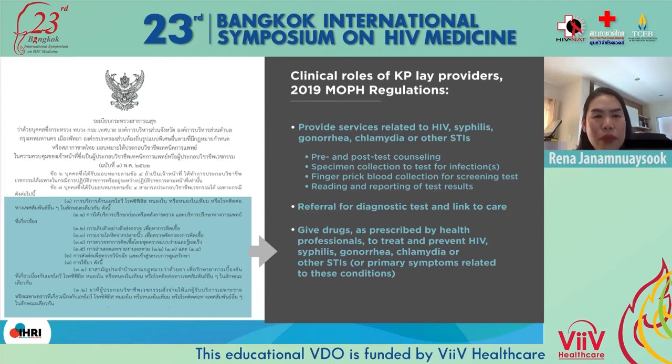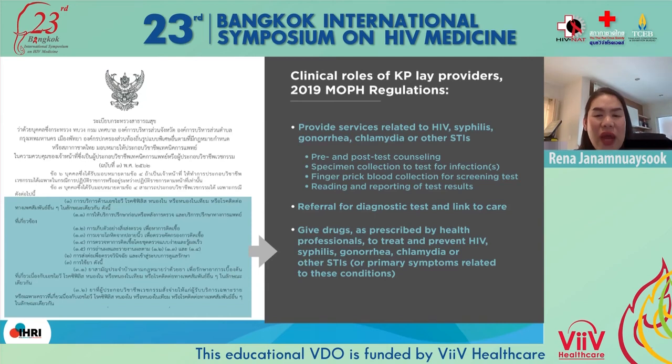And here shows you the clinical roles of the KP-led providers approved in the 2019 Ministry of Public Health regulations. It says that KP-led providers are able to provide a certain set of services related to HIV and STIs. It includes pre- and post-test counseling, specimen collection for tests for infections, finger prick blood collection for screening tests, and reading and reporting test results.